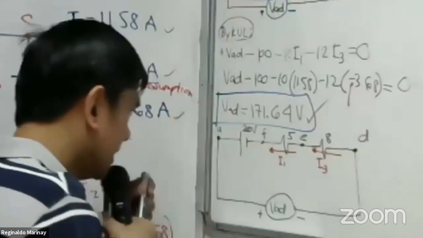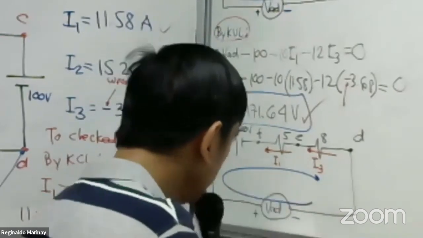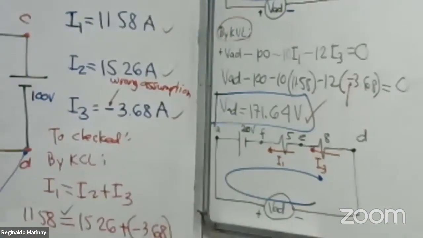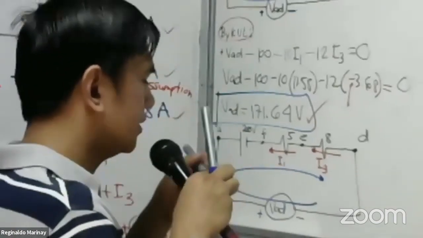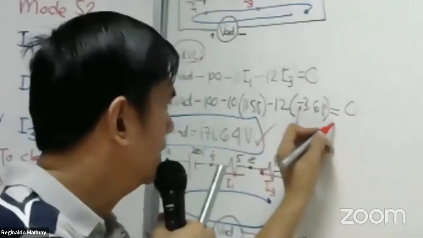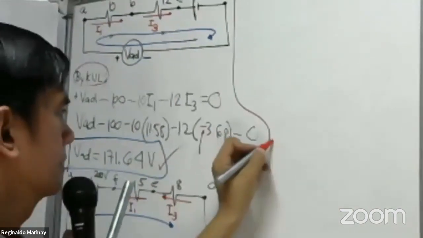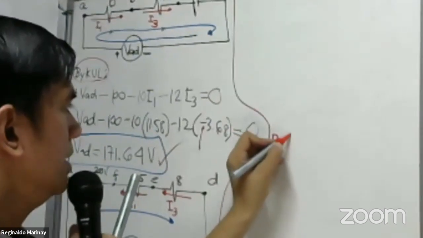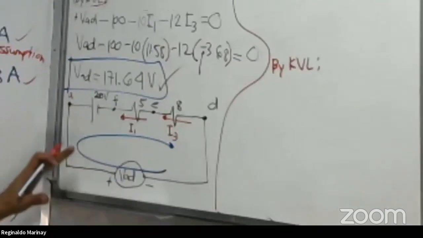Then I will put the circuit tracing in this direction, always in a clockwise direction. Okay, again, let us have the Kirchhoff's voltage law. By Kirchhoff's voltage law, take a look here, guys.